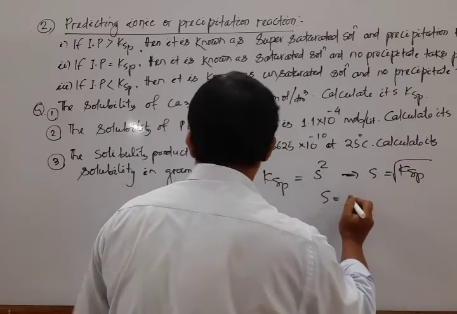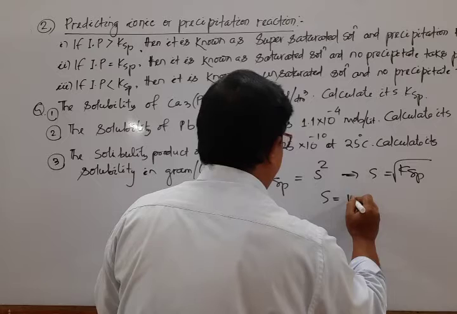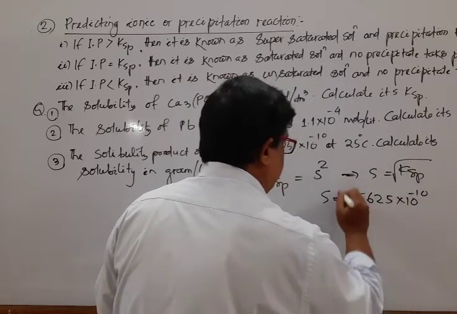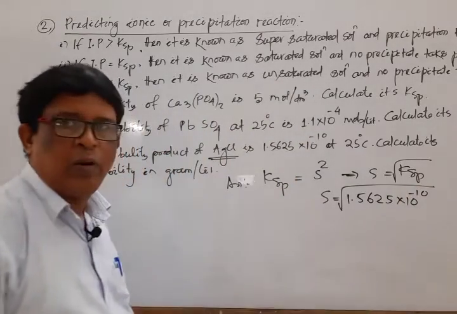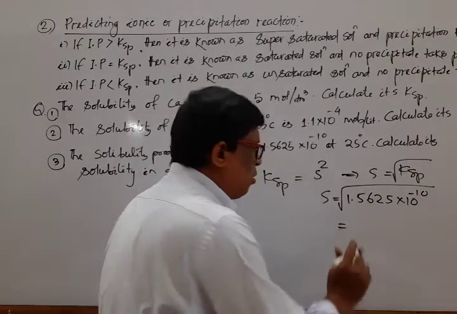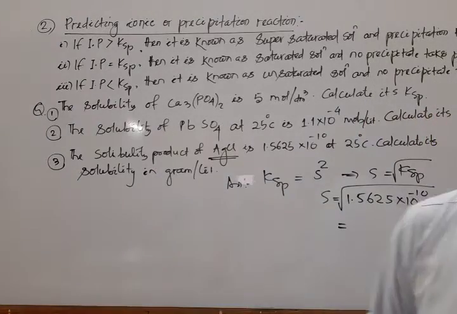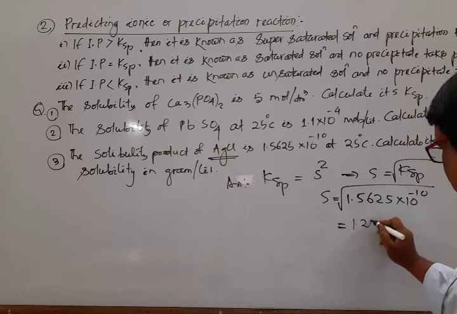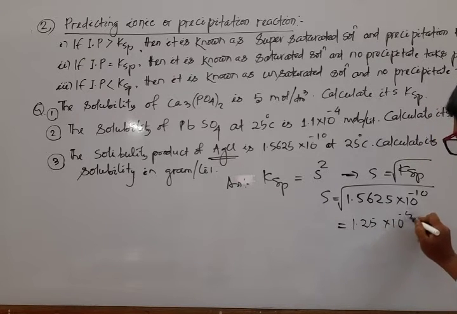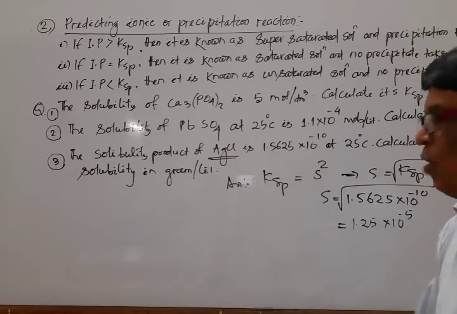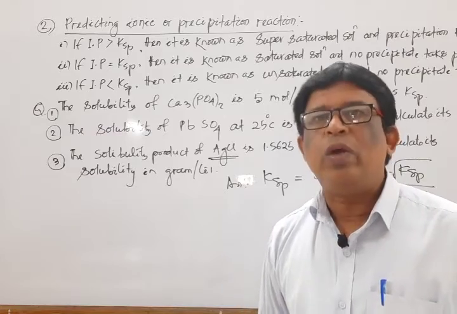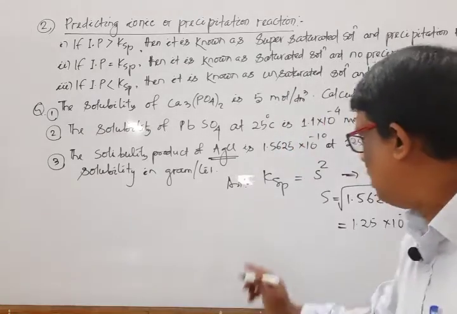Or S is equal to, the value is given, root over of 1.5625 into 10 to the power minus 10. On solving this value, it is nearly equal to 1.25 into 10 to the power minus 5. It is the solubility, but the question is to calculate the solubility in grams per liter, so we have to multiply by its molecular mass.